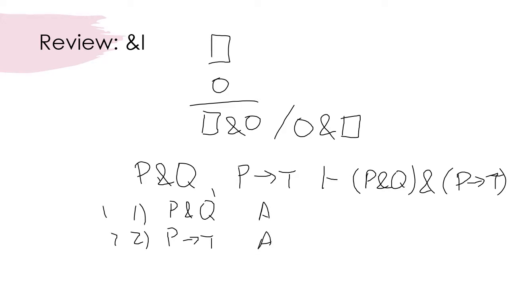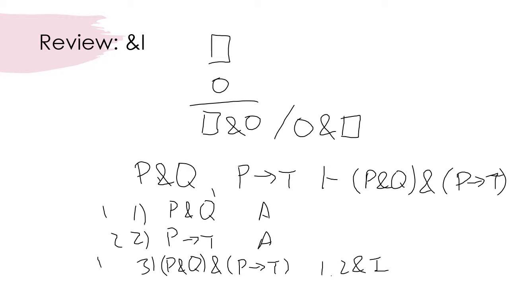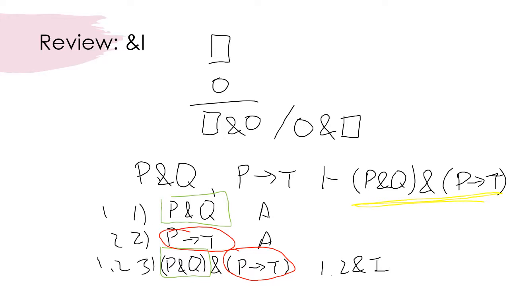Assumption, 1 and 2. And then we would just put them in the order that they need to go in based on our conclusion. That'd be 1 and 2, ampersand in, 1 and 2. So here we get the left side, here we get the left side. Here's our right side. And then when we're just putting them together, we just put the pieces to fit the way our conclusion is telling us to put them. So that's ampersand in.